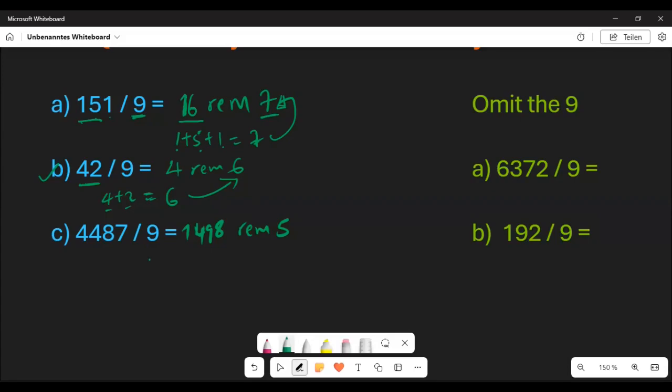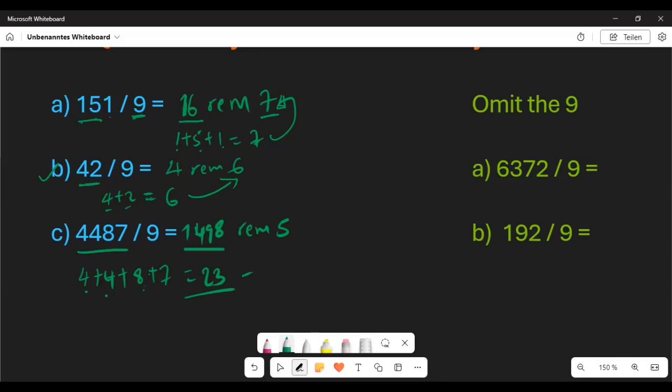So we add 4 plus 4 plus 8 plus 7. 4 plus 4 is 8, plus 8 is 16, plus 7 gives us 23. Someone will say, 23 is not equal to 5.